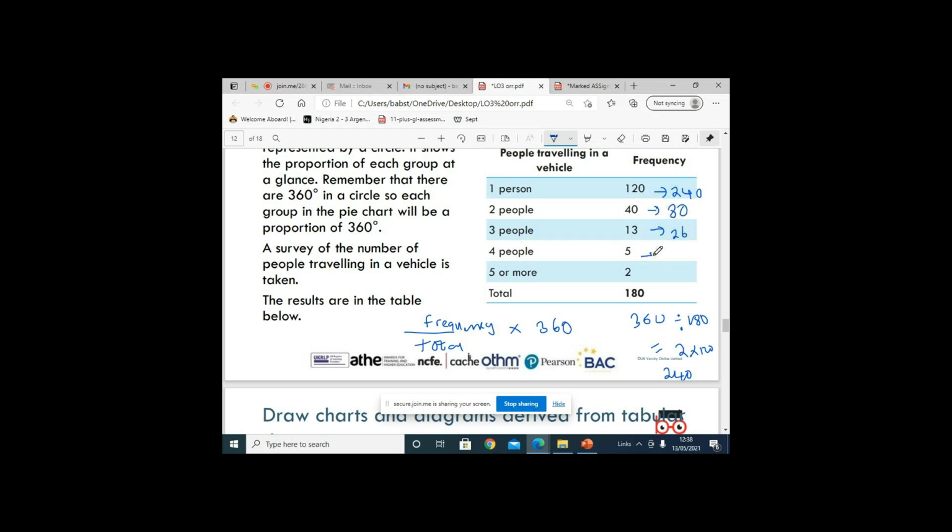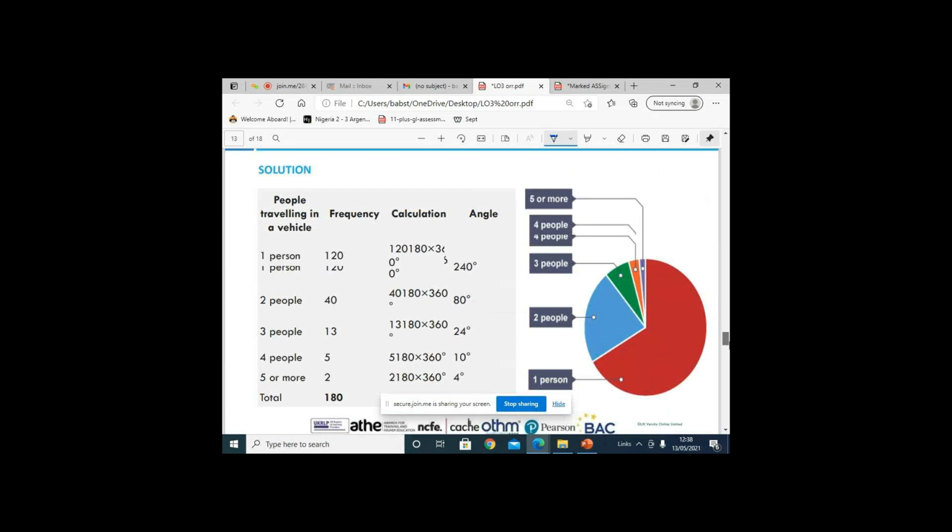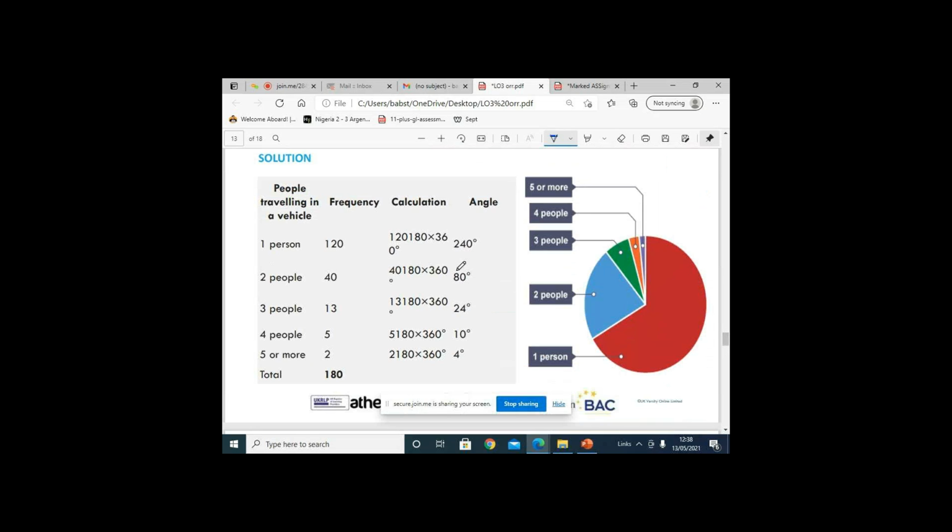What would this be? 10. Then what would this be? 4. So this is how we represent it. Can you see now you got 240, 80, 26, 10, and 4.